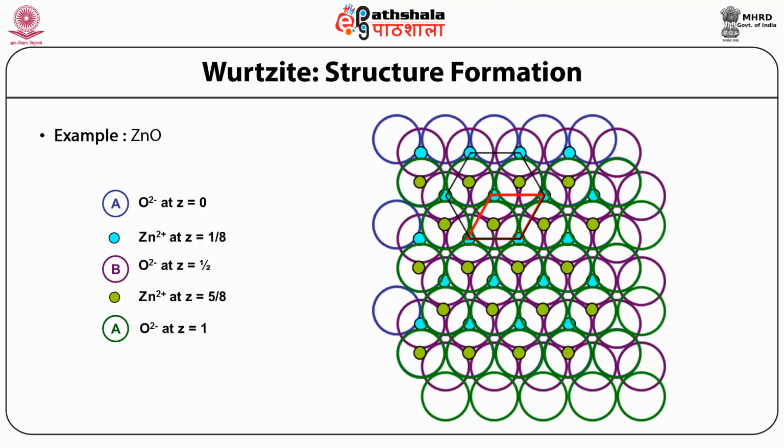There is another atom, green hollow, corresponding to A type, that is O2-, at Z equal to 1. So you can see here the layer by layer filling in wurtzite and a unit cell which is formed, which is similar to the wurtzite structure we discussed in the previous slides.